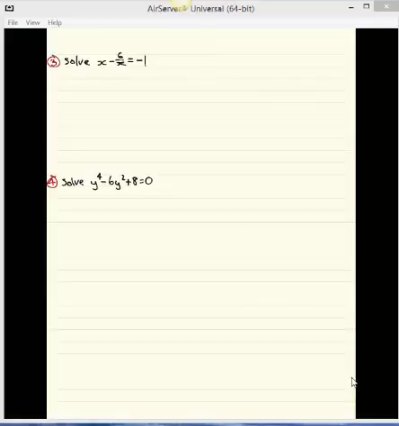So if we multiply through by x, then we end up with x squared minus 6 equals minus x, which with some manipulation, bringing the negative x across, becomes x squared plus x minus 6 is equal to 0. And again, we're back to solving a quadratic. So that's (x + 3)(x - 2), and so x is either equal to 2 or negative 3.